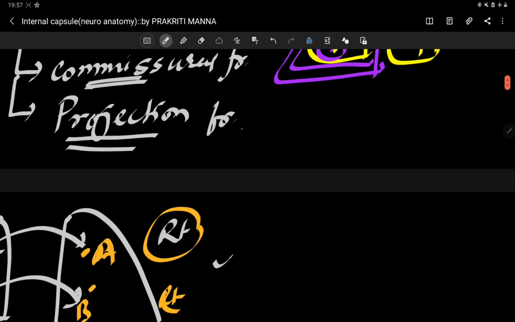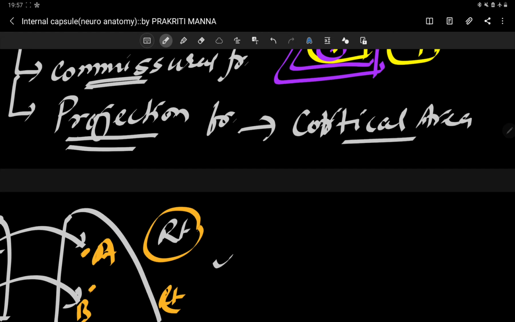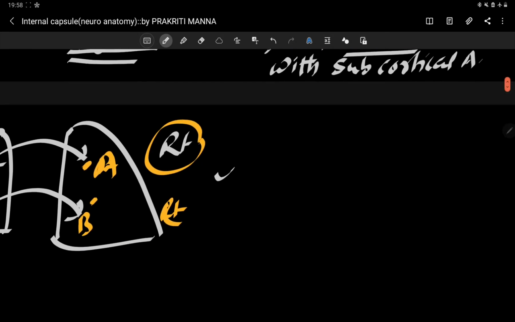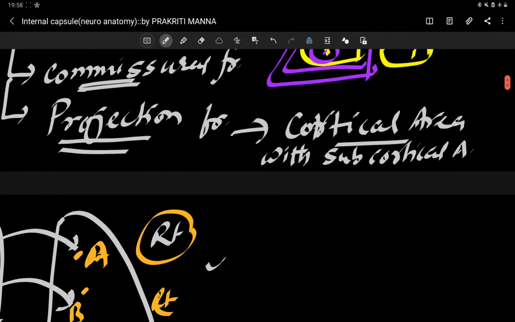Projection fibers are the fibers which connect the cerebral cortex, or cortical area, with the subcortical area. So higher centers are connected with lower centers through these projection fibers, like the internal capsule. The internal capsule is an example of a projection fiber.